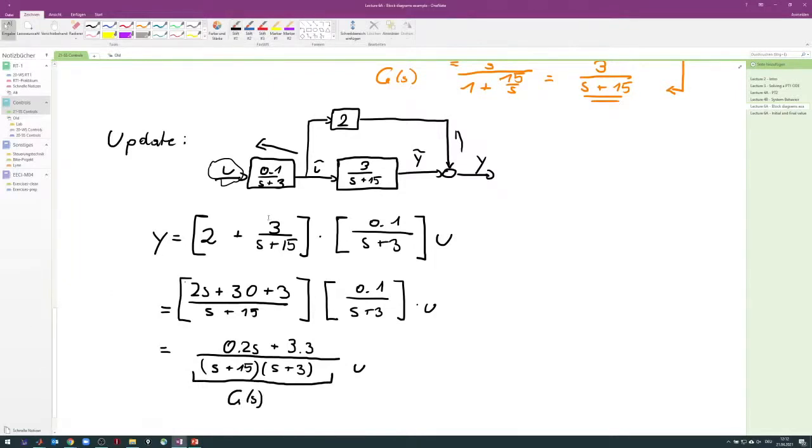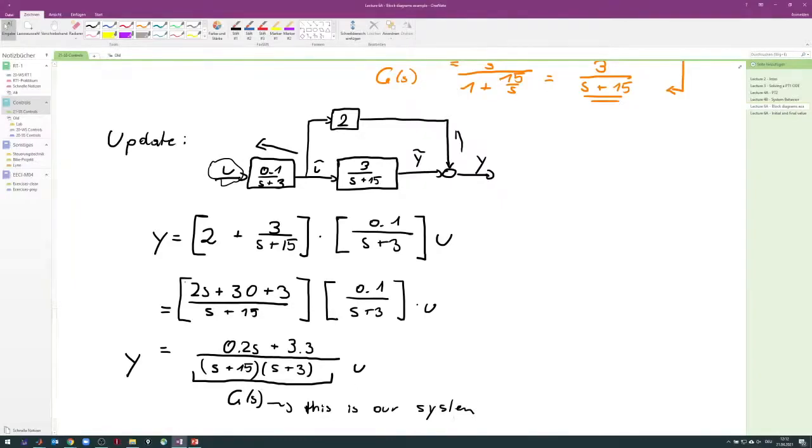And remember, this is your system. It's how your input is transferred to your output Y, right? This guy here is our system. And remember, it's a transfer function.